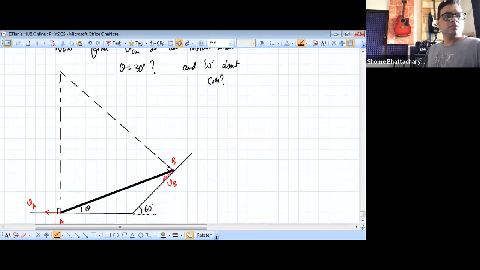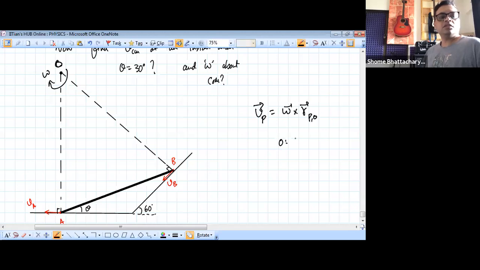So the rod's state of motion right now is some kind of rotation with angular speed omega about that point. Let's label that point as our origin, instead of the center. So the velocity of any general point P becomes omega cross the position of that point P with respect to O, where O is the instantaneous axis of rotation.